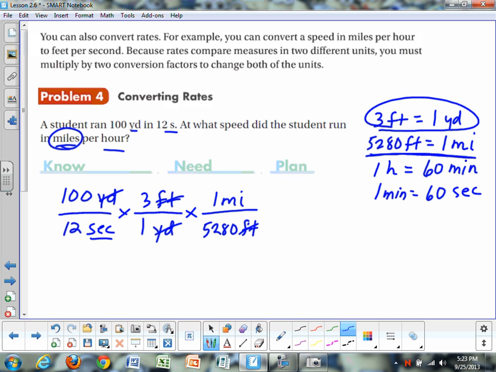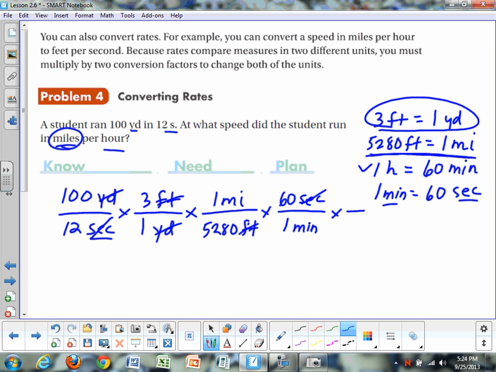Now I have seconds. My conversion for seconds is 60 seconds equals 1 minute. I want my seconds on top because I want to cancel out with the seconds on the bottom down here. 1 minute. Now I have minutes, but I don't want minutes, I want hours, so I'm going to use this last one right here. 1 hour equals 60 minutes.